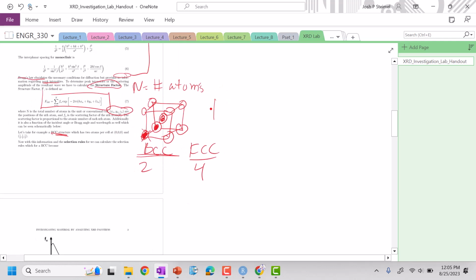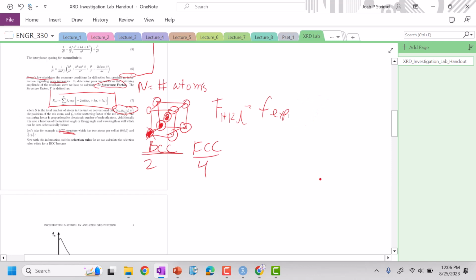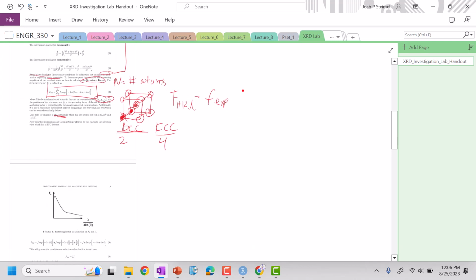So I'm going to have F of HKL equals F times exponential of minus 2, well, actually, let's write it out the full way first.